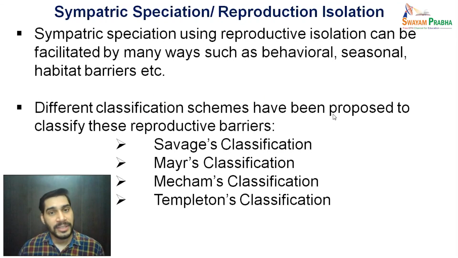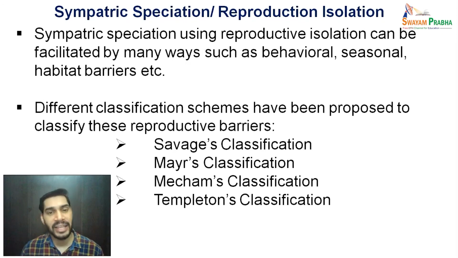Sympatric speciation using reproductive isolation can be facilitated in many ways, such as behavioral, seasonal, temporal and habitat barriers, and so on. There is a huge list of barriers, which we'll see in a while, which can facilitate speciation using reproductive isolation, the phenomenon called sympatric speciation.